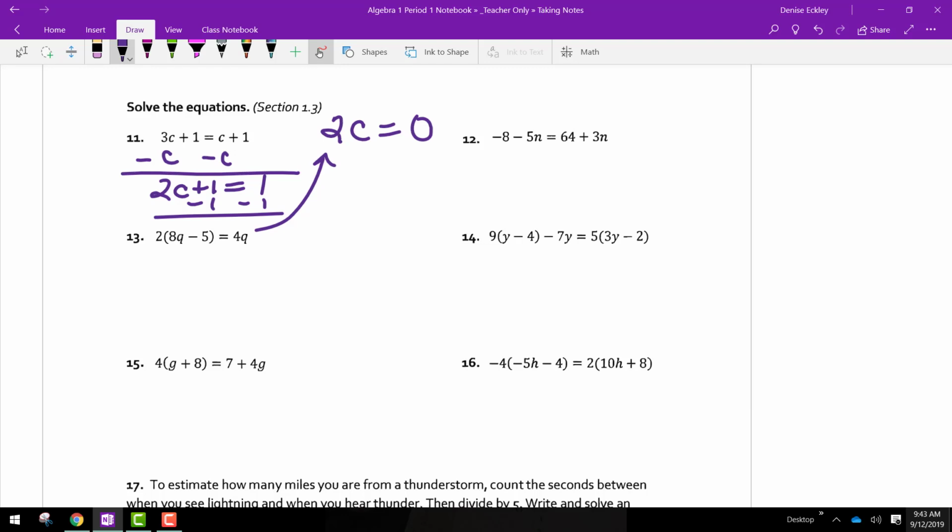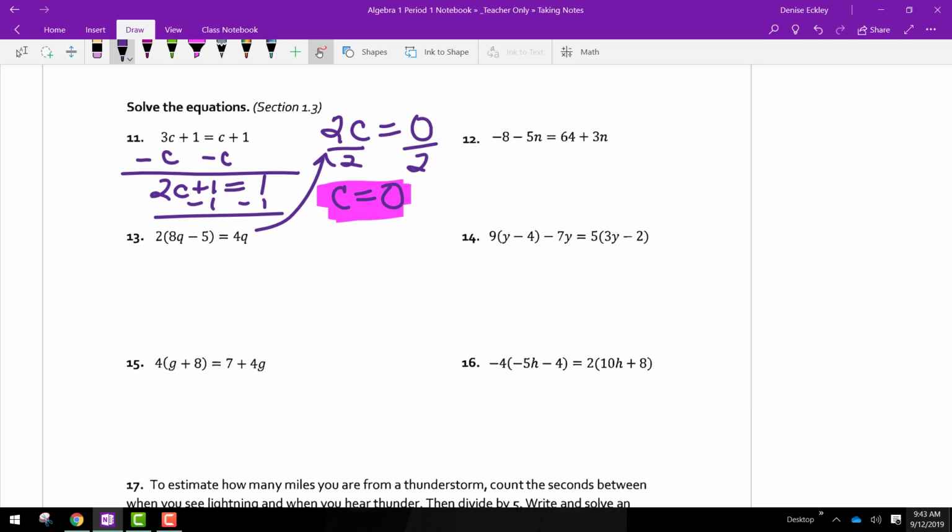Now don't right away think that this is a no solution, because I have a c and it equals a value. 0 is a value. So I can go ahead and finish my solution as I would any other problem, and my answer is going to be c equals 0, which is a number. So there is a solution to this problem.